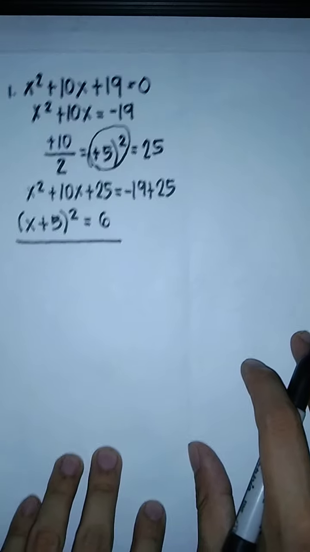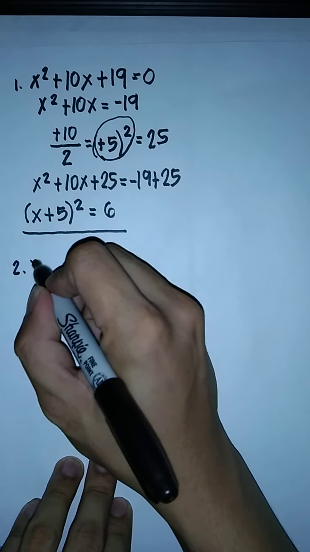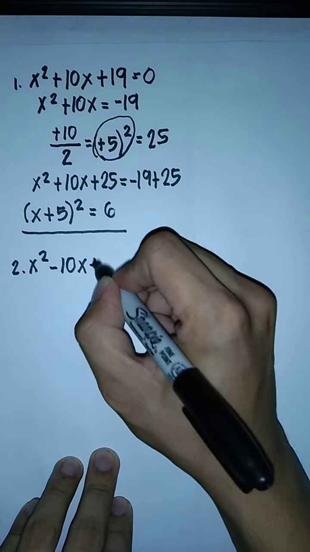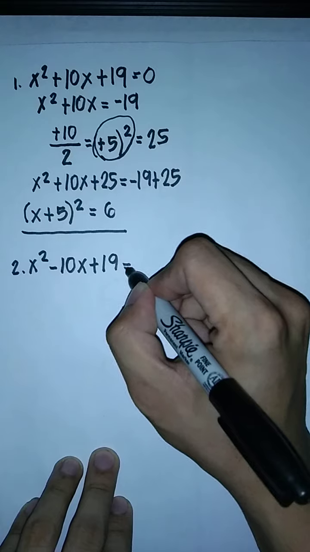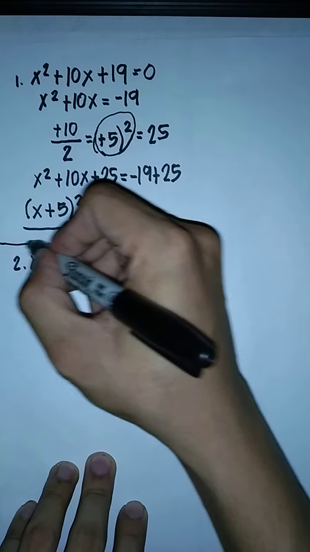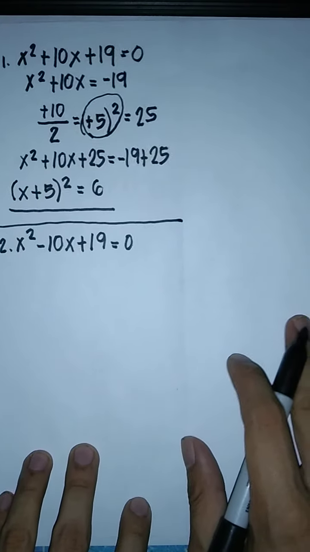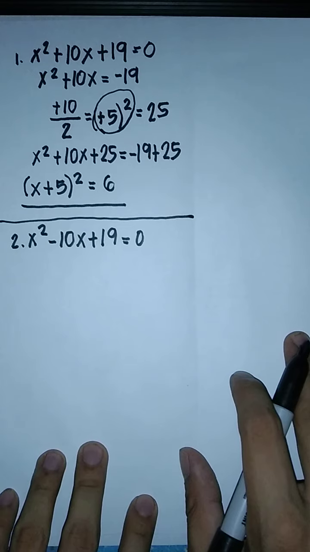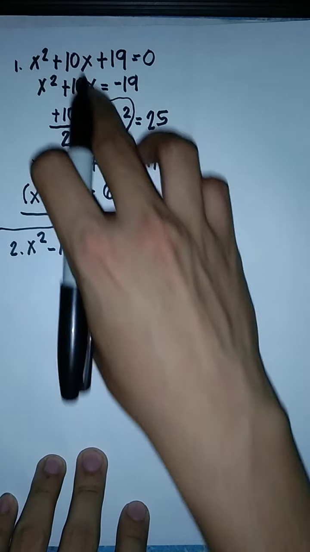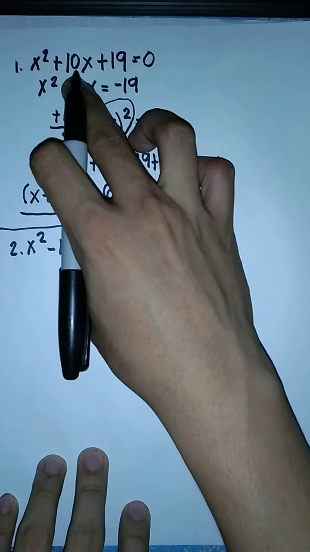Okay. Let's have example number 2. What if we have the given x squared minus 10x plus 19 is equal to 0. Kailangan underline ko lang to. Paano naman to? Parang parehas lang naman. Pero you see, yung ating sign ng ating second term sa number 1 is positive 10x.